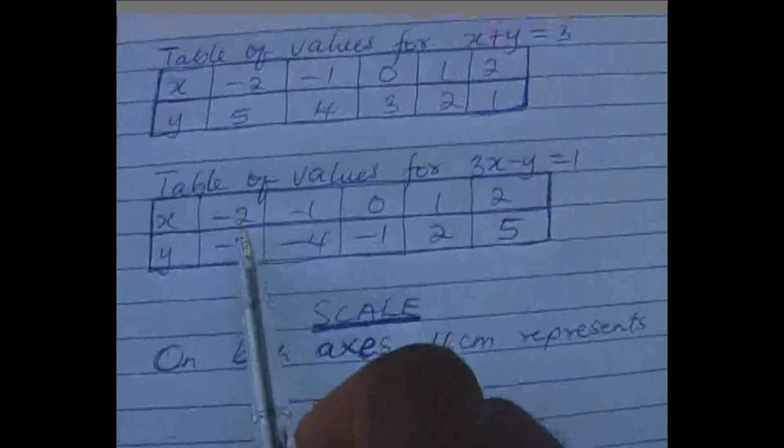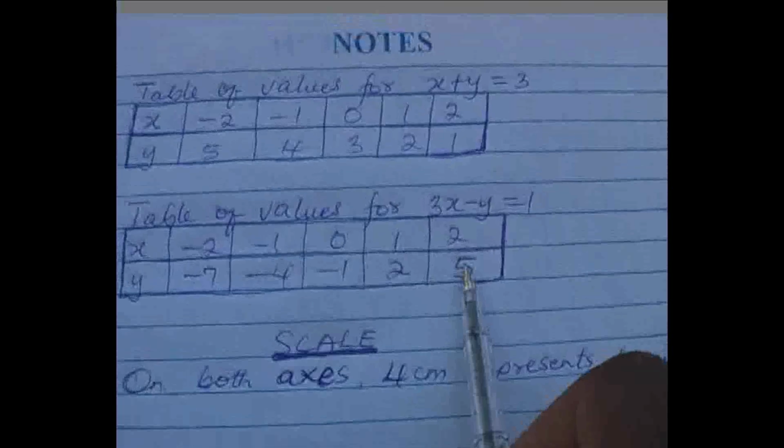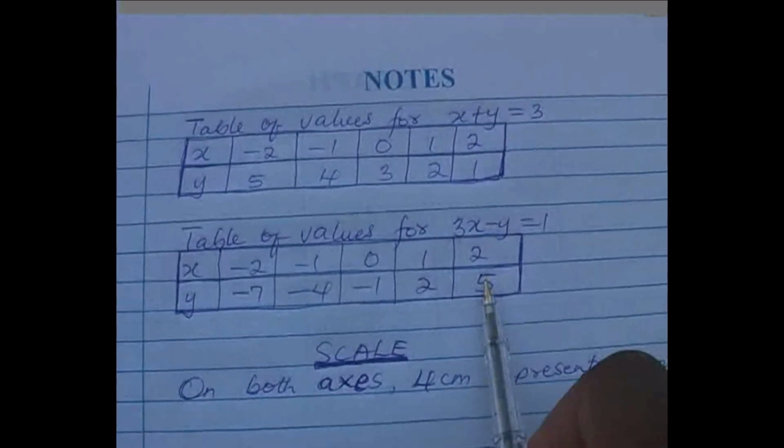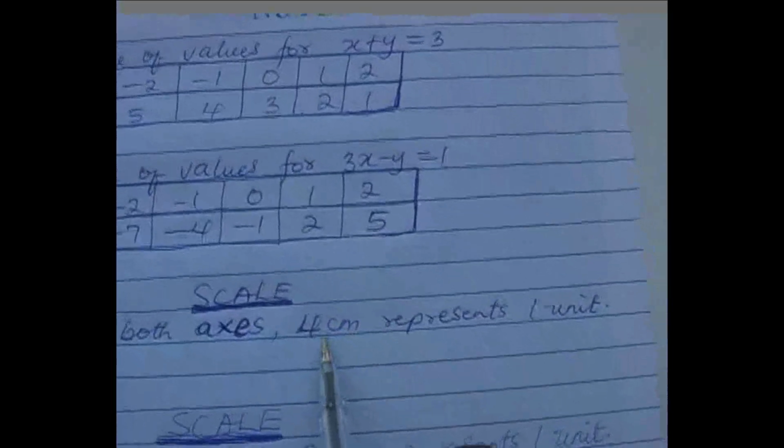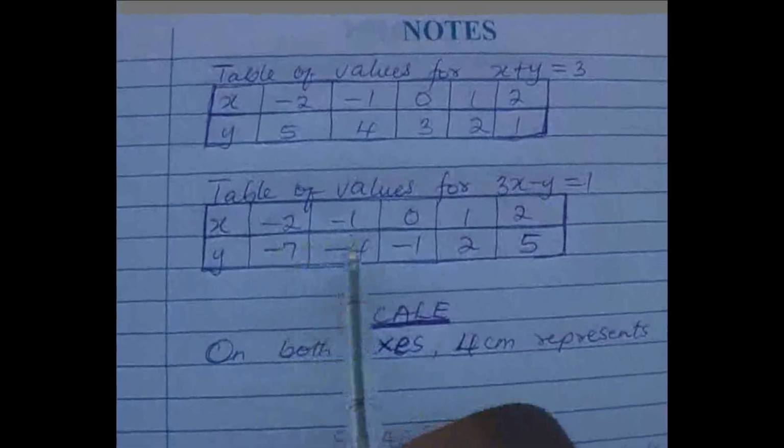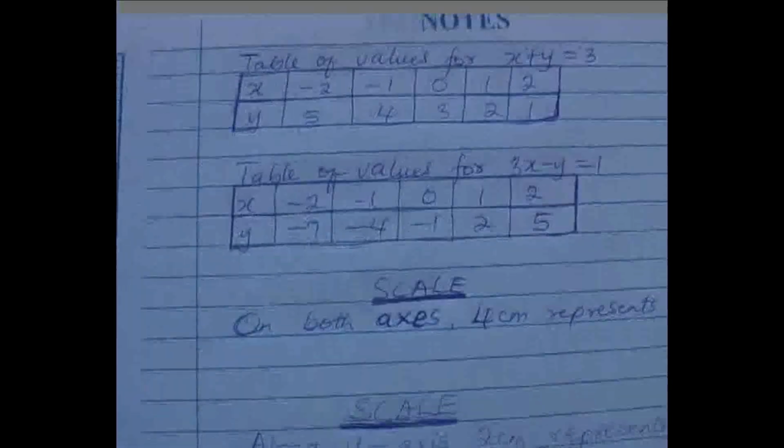So we have 1, 2, 3, 4, 5, 6 of 4 cms, whereas what we have here is 7 plus 5, which is 12. So if you go by this scale, 4 cm represents 1 unit along the y-axis, it will not work, because you won't be able to put in both the negative and positive values.